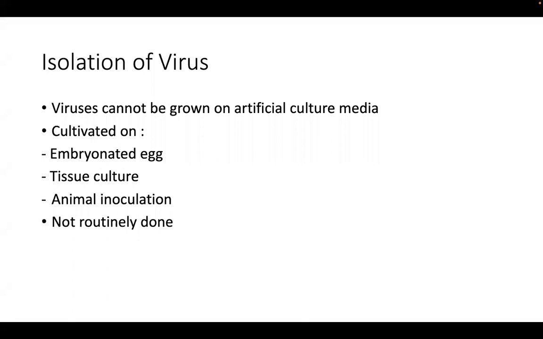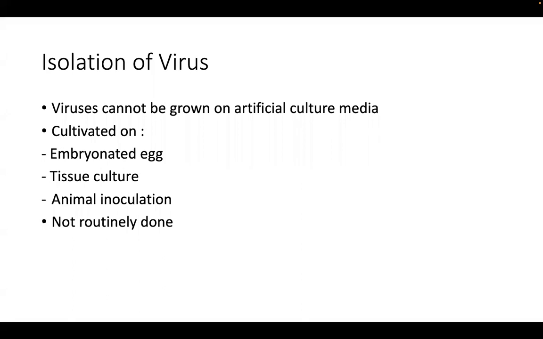So we all know by now that viruses cannot be grown on artificial culture, because viruses are obligate intracellular microorganisms. They need cells to survive. They need to take over the machinery of a cell so that they can replicate and infect other cells. So they can be cultivated on embryonated eggs, as we saw before.